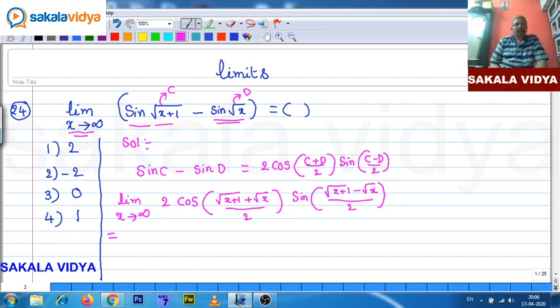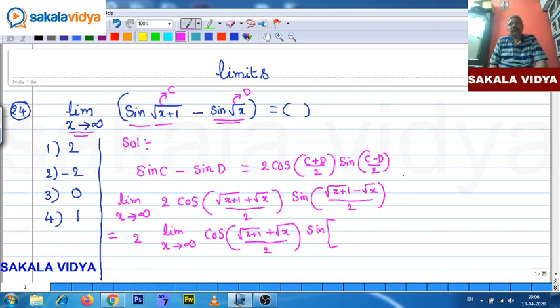Now take 2 common, limit x tends to infinity, cos of root of x plus 1 plus root x upon 2. And here one interesting factor you need to remember, we need to rationalize the numerator. Separately I will do root of x plus 1 minus root x by 2.